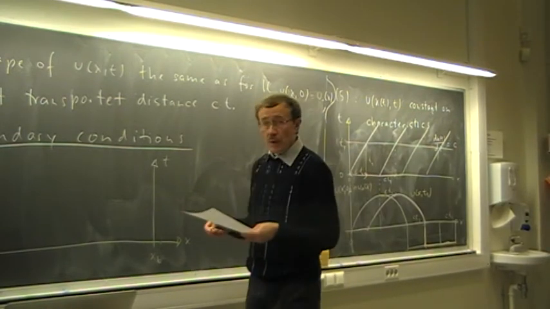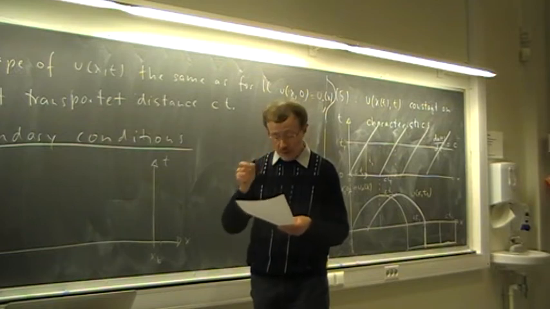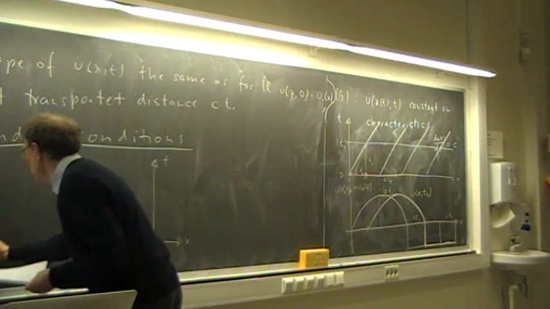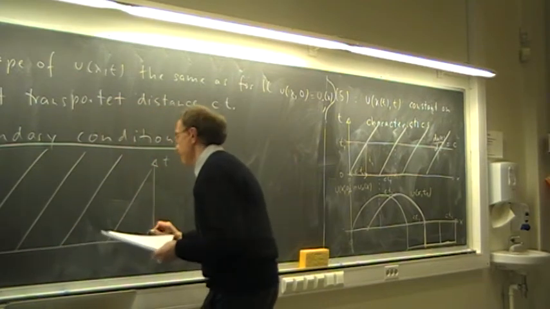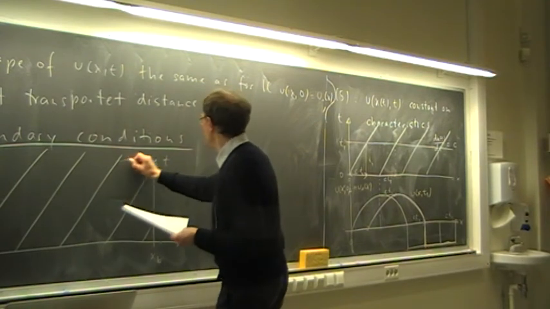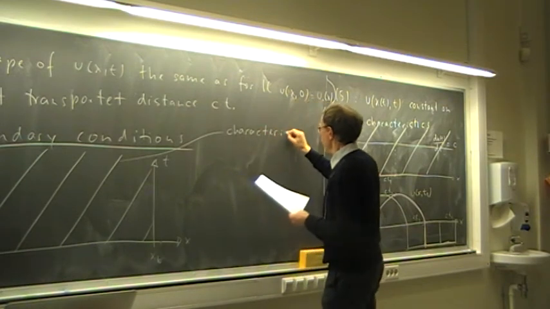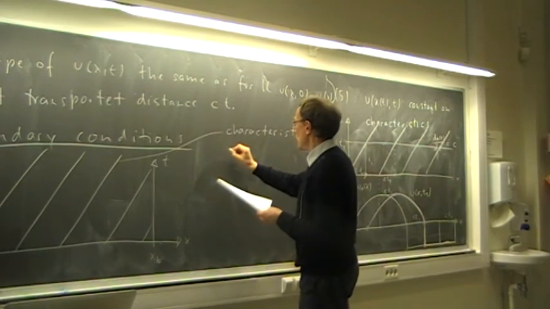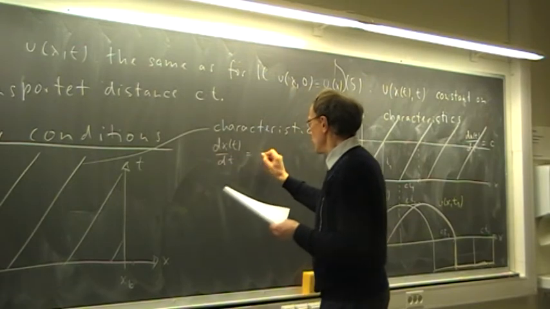And we assume again that we have characteristics where c, the advection velocity, is positive. So these are the characteristics, and they have a slope dx of t over dt equal to c.